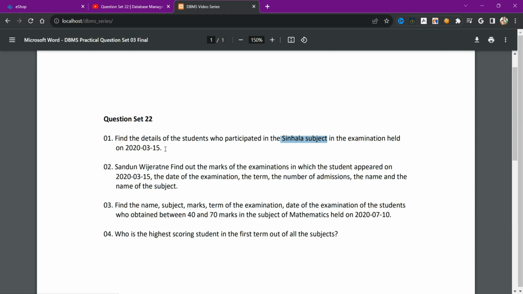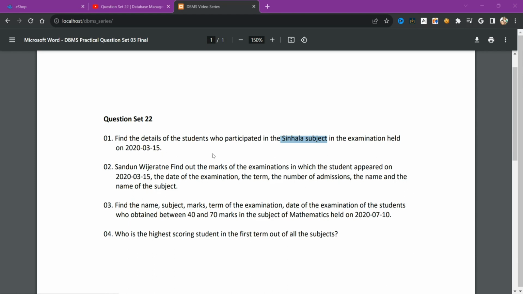Several tables are involved in this question. First of all, we need to find the details of the students, so the student table is involved, and also the subject table and the exam term table. So there are three tables in this question.